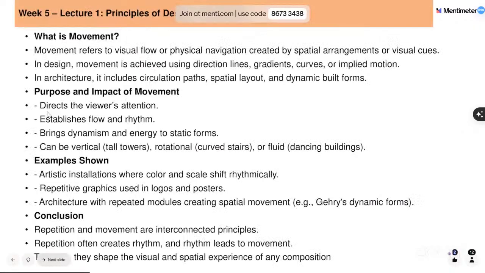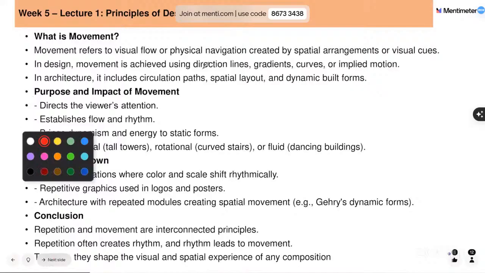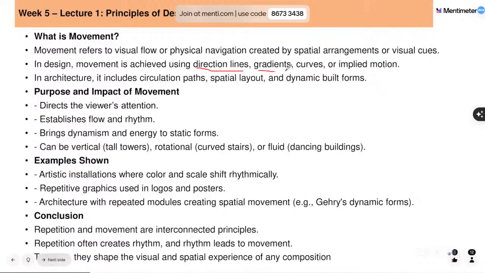Okay. Then after that, we saw what is movement. So movement refers to the visual or physical navigation created by spatial arrangements or visual cues. Now, in design, movement can be achieved by use of direction lines, gradients, curves, or implied motion.